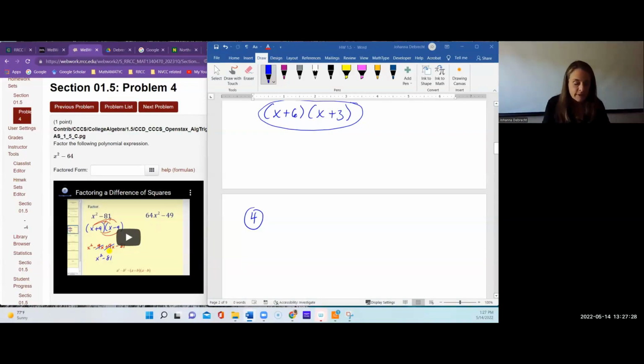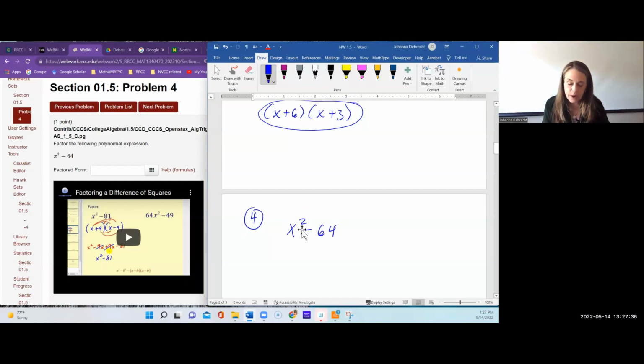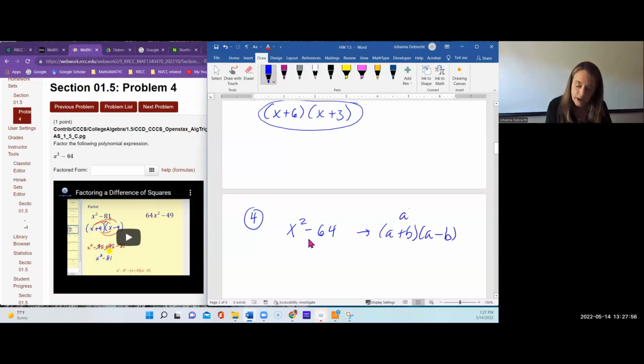There are 2 methods of factoring the next expression, x squared minus 64. The first is by memorizing the pattern. When you have a perfect square and another perfect square and a minus sign in the middle, and yes, it has to be a minus, cannot be a plus. If it's a minus, then this will follow the pattern a plus b, a minus b, coming from a squared minus b squared.